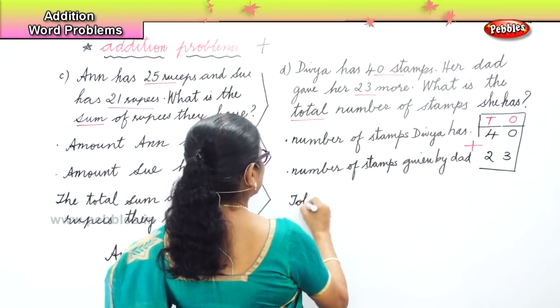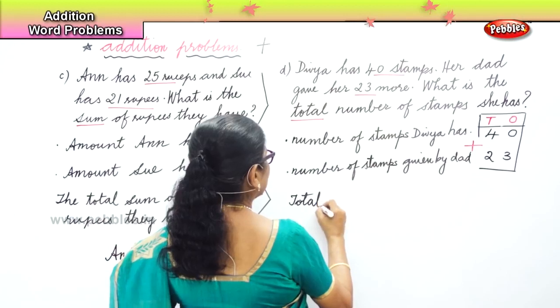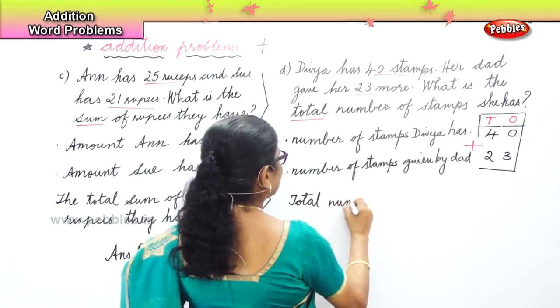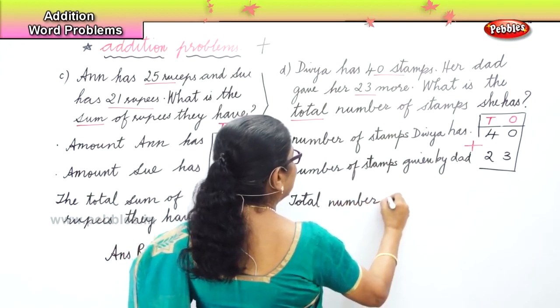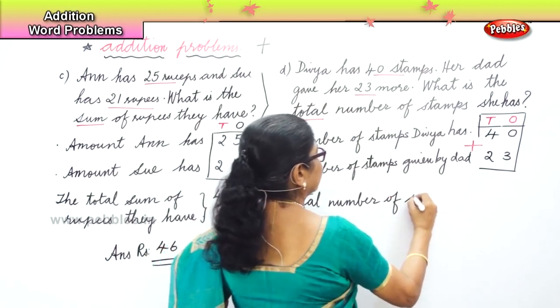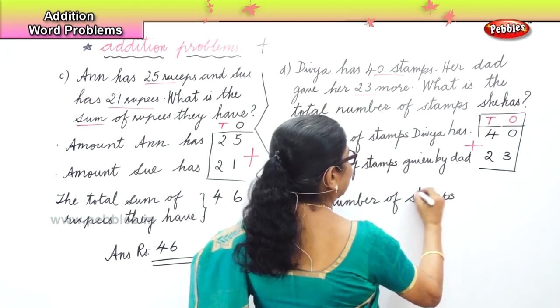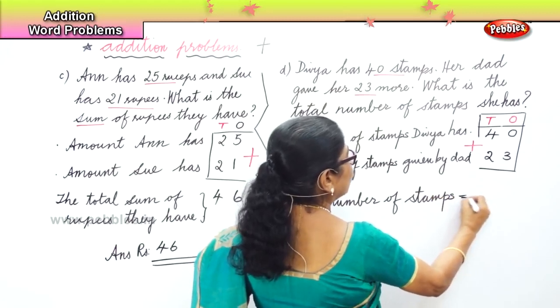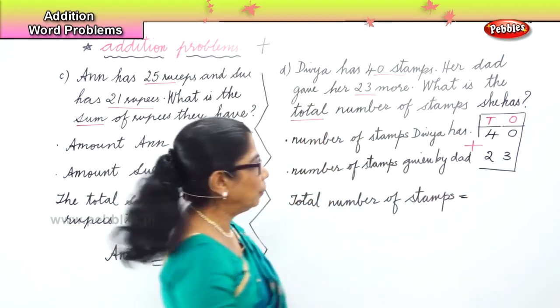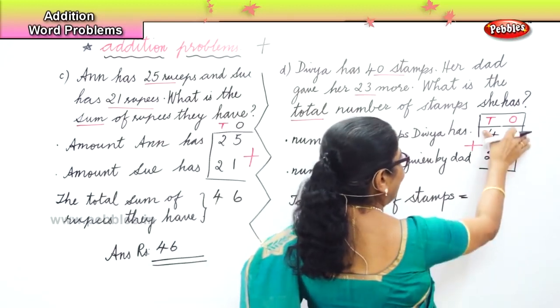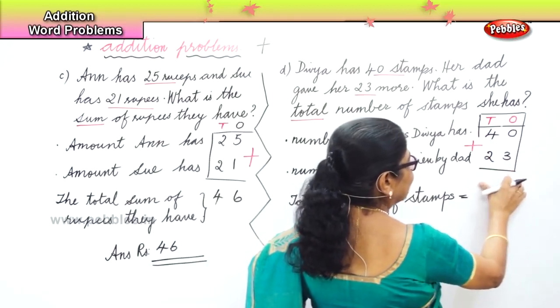Total number of stamps. That's enough. Total number of stamps. Okay. What is the total number of stamps? Now, what are we doing? We need to add 40 plus 23.